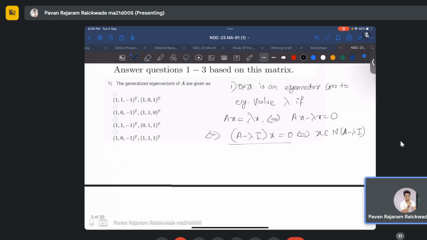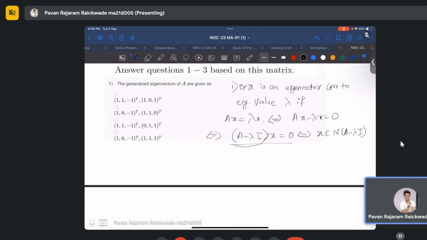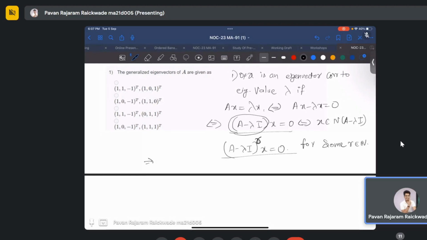So we are going to replace this condition here by the power, maybe R. If this is going to happen, then we'll say x is a generalized eigenvector.